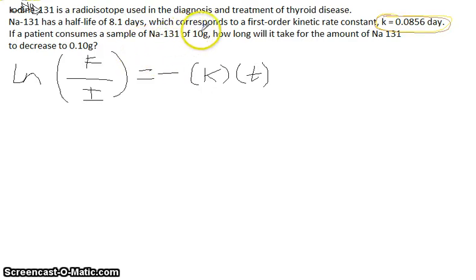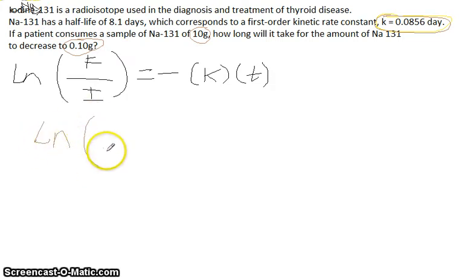We also want to know that we started off with an initial concentration of 10 grams, and we ended with 0.1 grams left over of sodium-131. What we're trying to find out is the time it took for the sodium-131 to decay. So let's plug this into our equation.